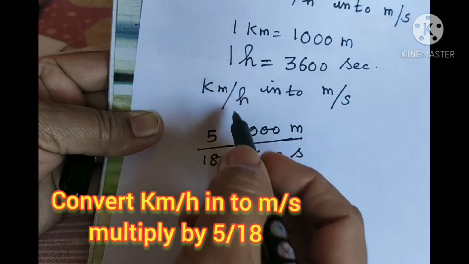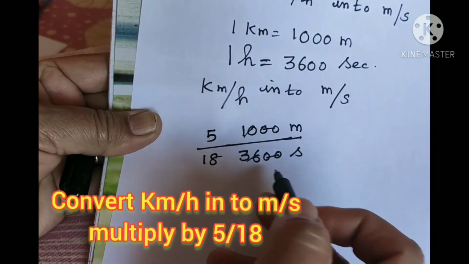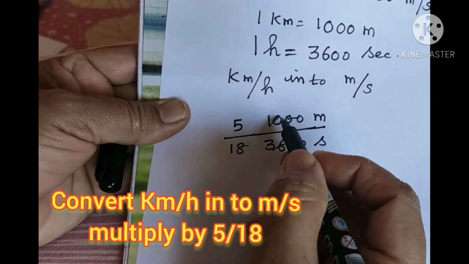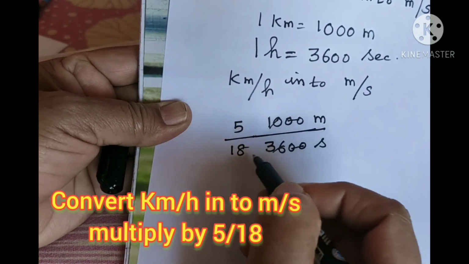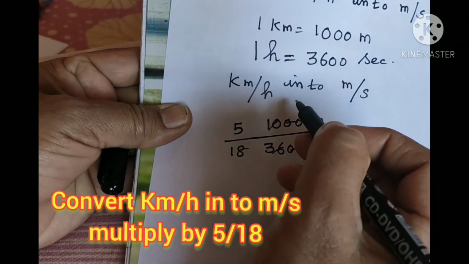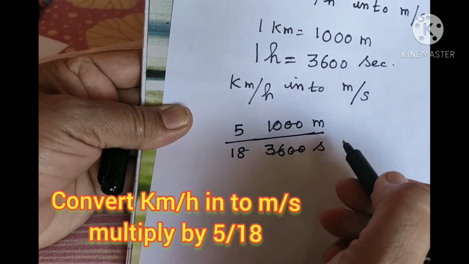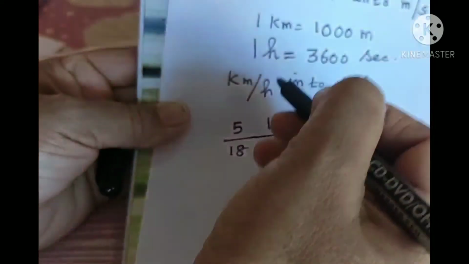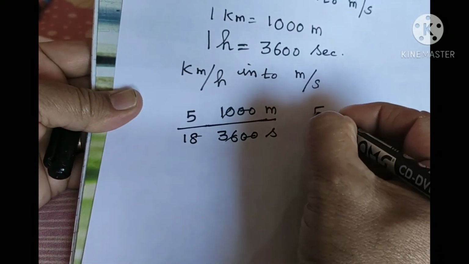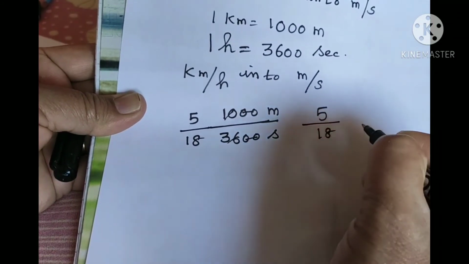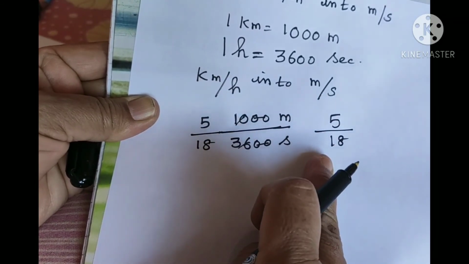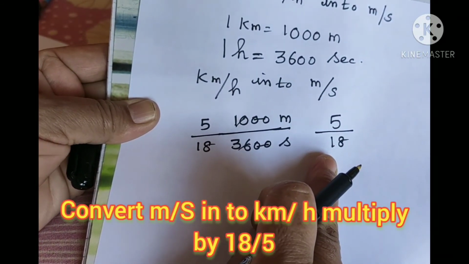So 1 kilometer per hour is equal to 1000 upon 3600. 2 zeros will get cancelled with 2 zeros, then 2 5s are 10, 2 18s are 36, so 5 upon 18. So 1 kilometer per hour is equal to 5 upon 18 meter per second. To convert kilometer per hour into meter per second, we have to multiply by 5 upon 18.